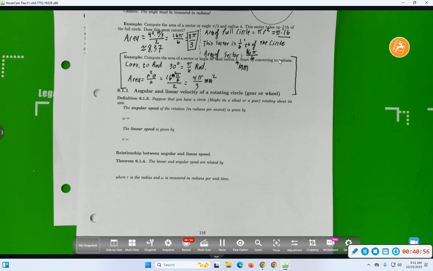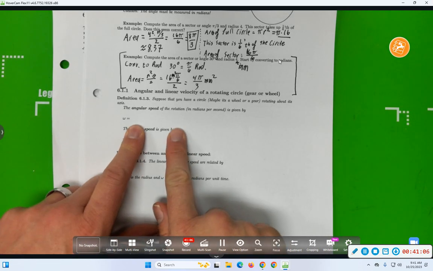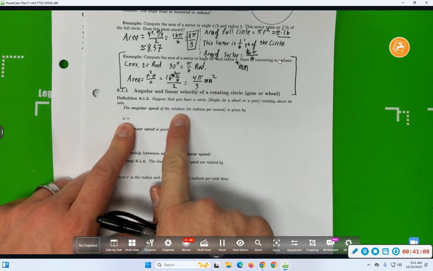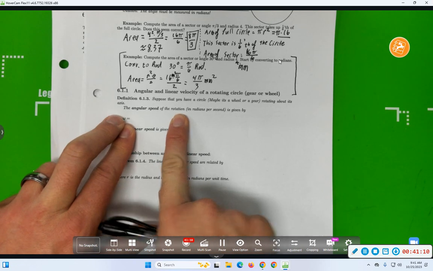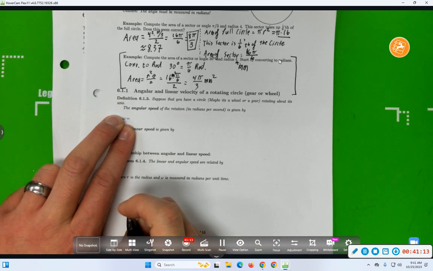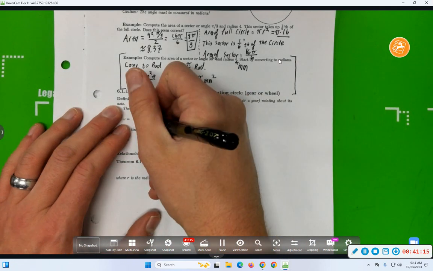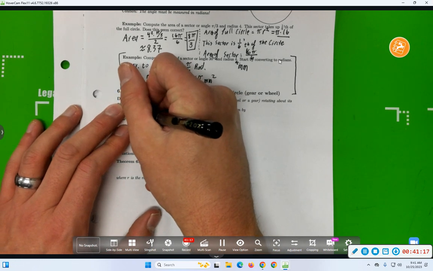How can you convert between those 2 things? Because they're obviously related. If the point on my fingertip is spinning faster, then my shoulder has to be spinning faster. And that conversion is given, well, okay, let's build these in. So the angular speed of a rotation in radians per second or degrees per second or whatever is given by, well, let's say it this way.